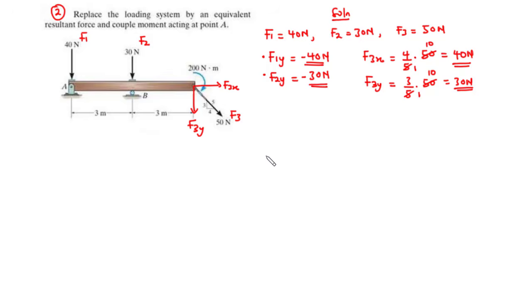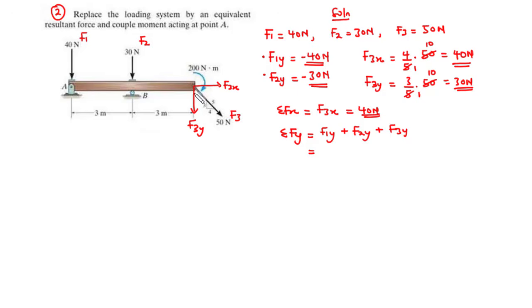Now let's try to find the sum of Fx and then sum of Fy. So for sum of Fx, that is simply equal to F3x, and that is equal to 40 newtons. And then for sum of Fy, that is equal to, we have F1y plus F2y plus F3y.